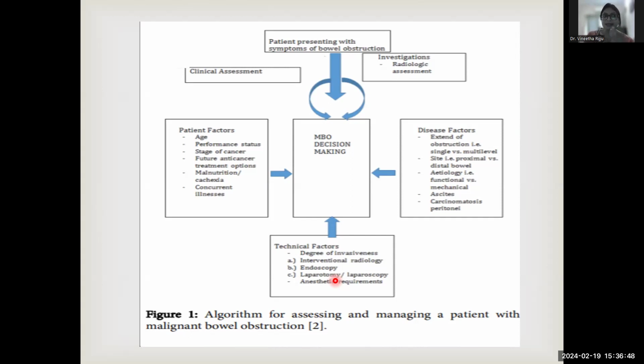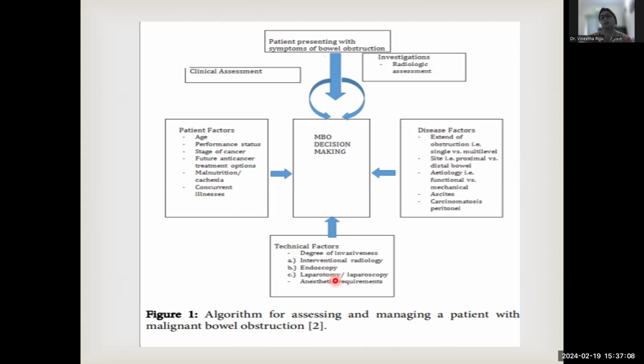So ascites is a condition when there is a peritoneal spread of the disease mostly, and there are cancer cells in the fluid, okay, and this will carry a poor prognosis for a patient who you want to plan for surgery.